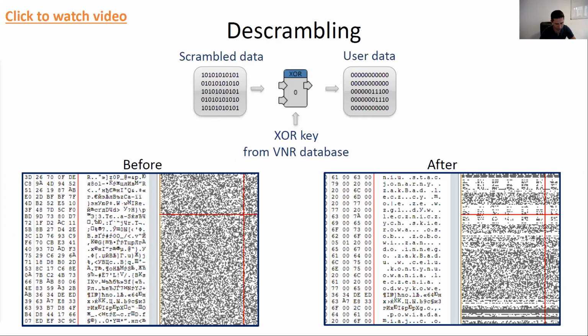The descrambling process is the process when we apply exactly the same XOR key, which controller used, to data. And after this transformation, we'll get original data, not scrambled data.